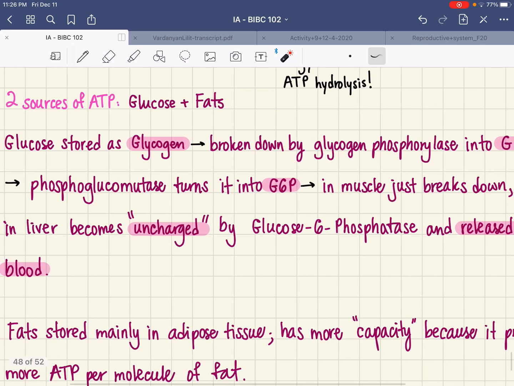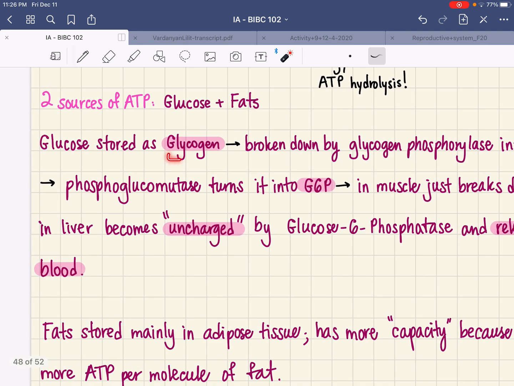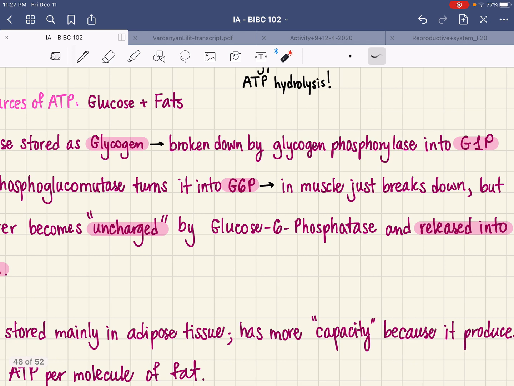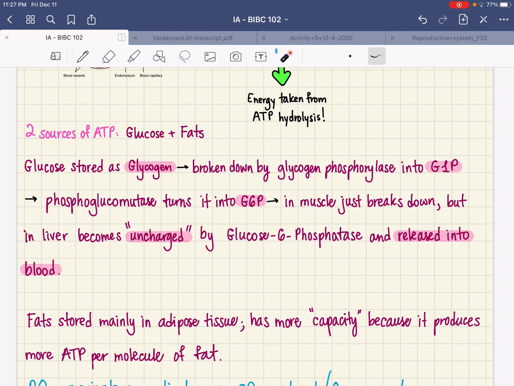So if this glycogen store is in the muscle cells, the muscle cell does not have the enzyme glucose 6-phosphatase. So what will happen is glucose 1-phosphate will turn into glucose 6-phosphate through phosphoglucomutase, and then the muscle will just break glucose 6-phosphate down through glycolysis.